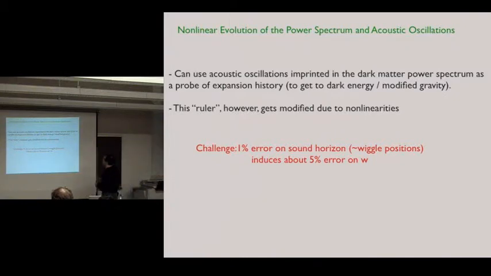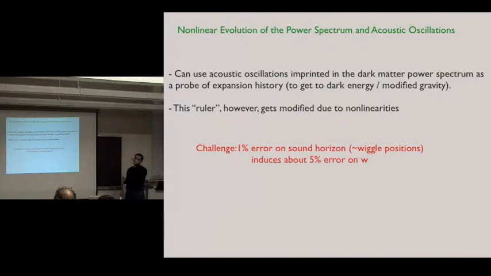So the motivation here is that these acoustic oscillations essentially have imprinted a scale, which is the distance the sound can travel when the universe recombines. And you can use that scale as a ruler by looking at the sky and measuring that scale, because that scale depends on simple physics, like how much baryons you have in the universe.